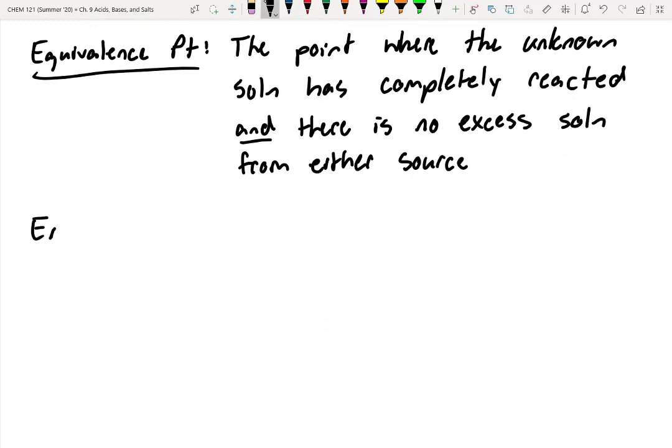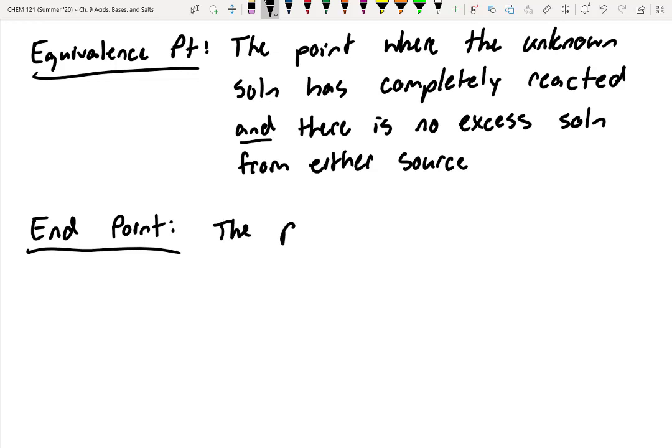Oftentimes you'll hear the term endpoint too. All right, and these are closely related. So oftentimes the trouble with an equivalence point is when you neutralize an acid and a base, it's colorless, right? So what an endpoint is, it's the point where we stop the titration due to some sort of indicator that we've added. It's basically our stop sign for us to know when to end.